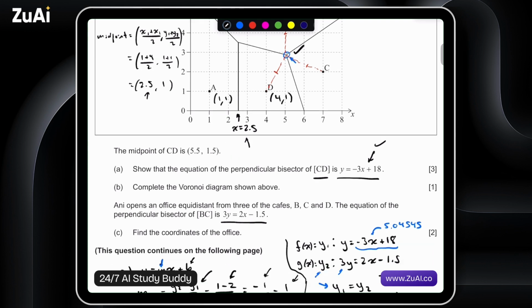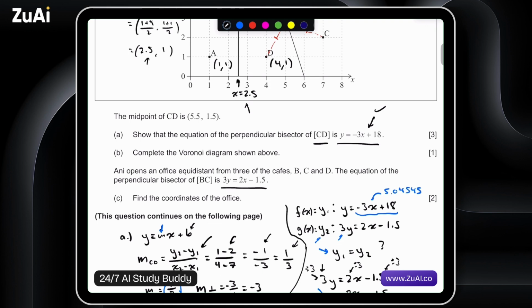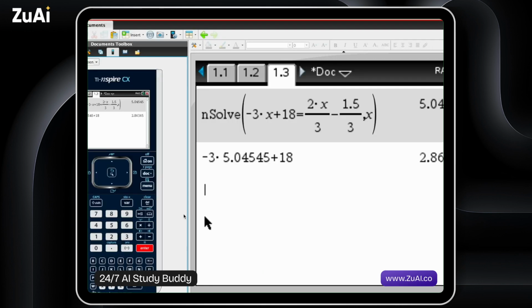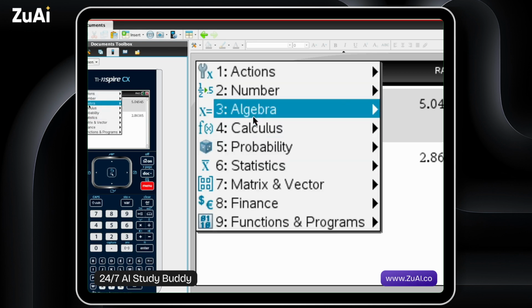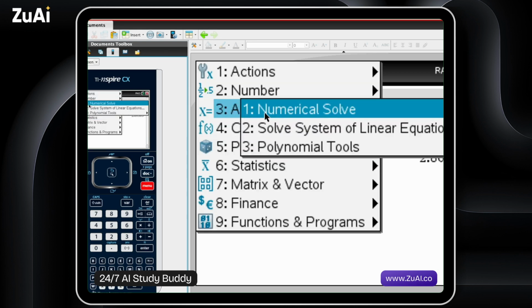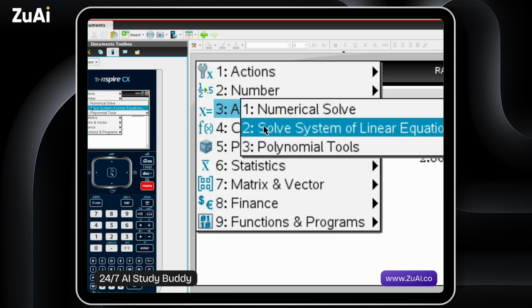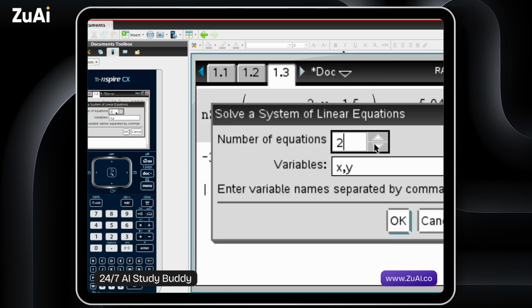One thing I was just thinking, in terms of this question, if we want to find the intersection of these two lines, we can do this idea of y1, y2, but I was just thinking of our linear equation solver here. So at the calculator right here, solve system of linear equations, two variables x and y.